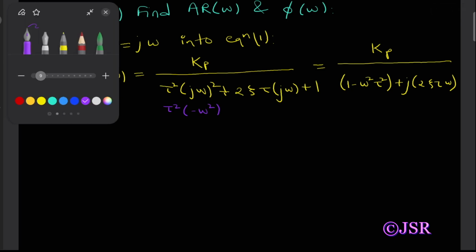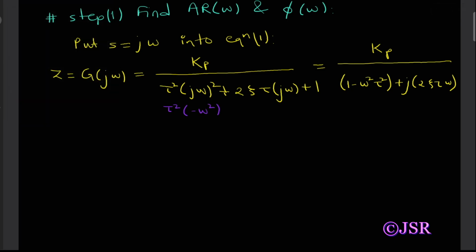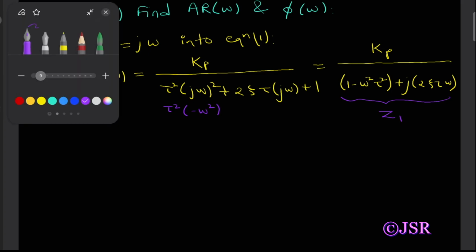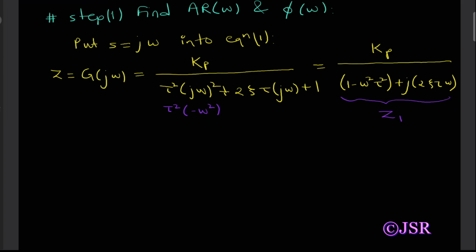So this is another complex number Z1. So let's say in the denominator we have Z1 equal to, in bracket, 1 minus omega square tau square plus j in bracket 2 zeta tau omega.